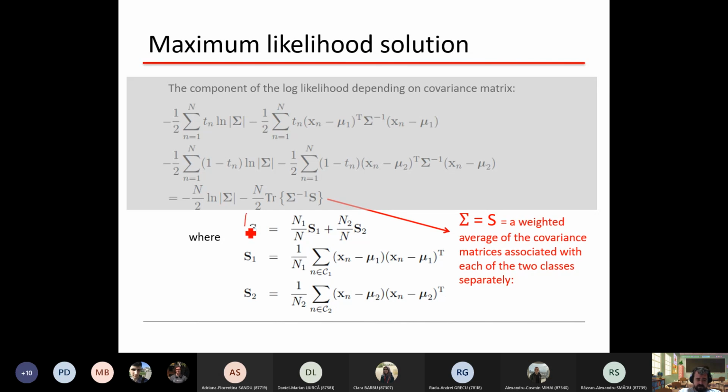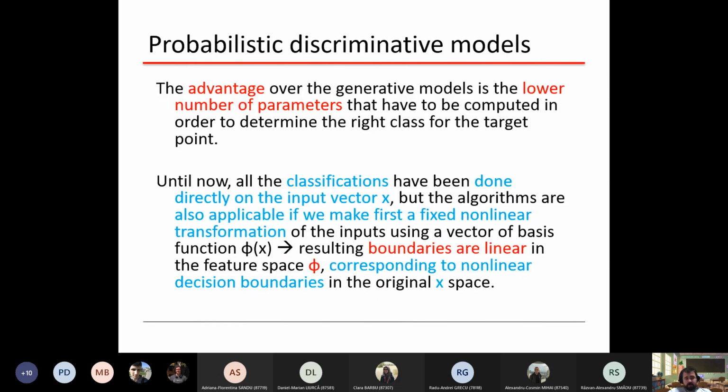So the covariance matrix will be this formula, n1 over n times S1 plus n2 over n times S2, where S1 and S2 are the covariance matrices for the two classes. Do you have any questions?